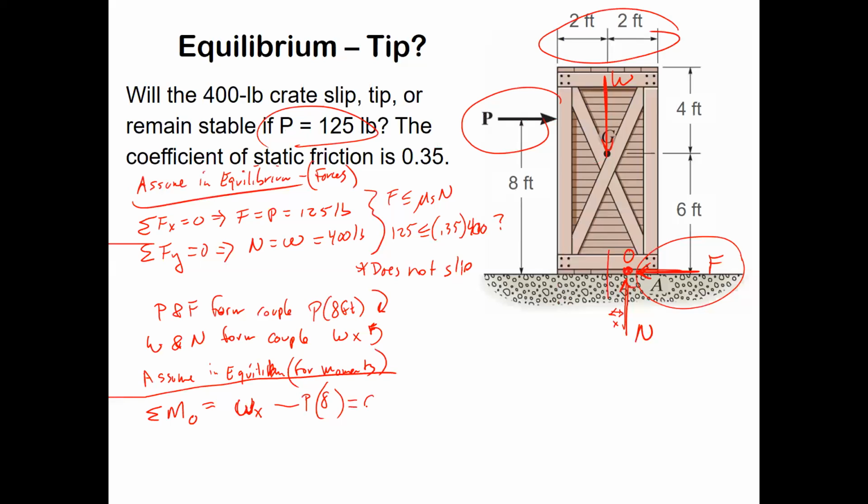That has to equal 0. We can now solve for X: 125 times 8, that's P times 8, over W, which is 400. And that equals 2.5 feet.